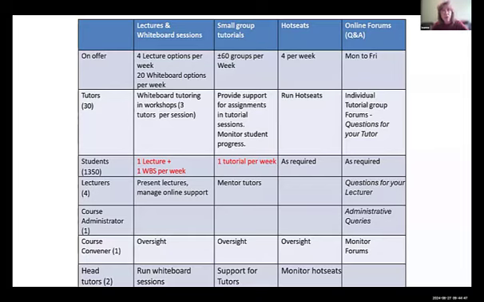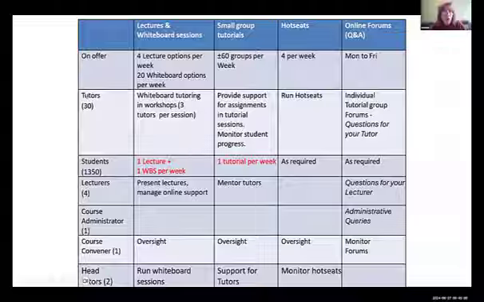Whiteboard sessions, we offer 20 sessions a week. That's where small groups of students get together and solve problems around a whiteboard, working with tutors to assist them. There are 60 small group tutorials per week and ad hoc hot seats that operate.